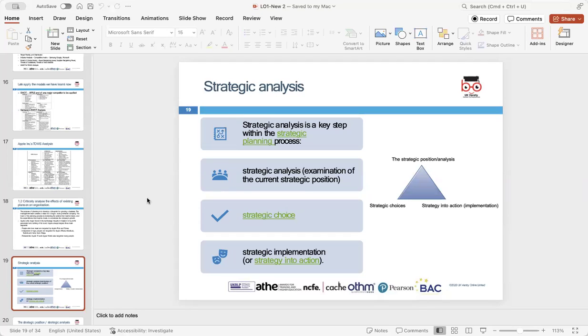Then strategic implementation, putting the chosen strategy into action. So these steps help in refining and executing strategies effectively to align with organizational goals.